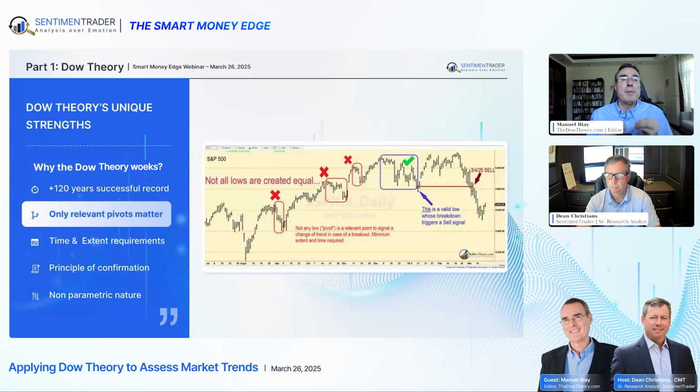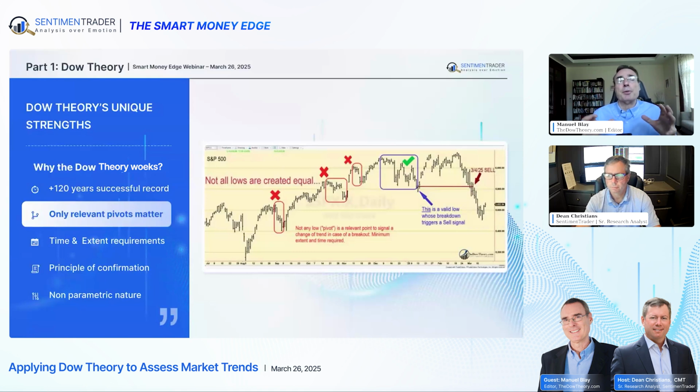So the principle of confirmation means that the time and extent requirement must be confirmed at least by the Dow Industrials or the Dow Transportation. We always focus on the S&P 500, but at least either the Dow Industrials or the Dow Transportation should confirm. So it means minimum movement, 3%, and at least a few days' drop.